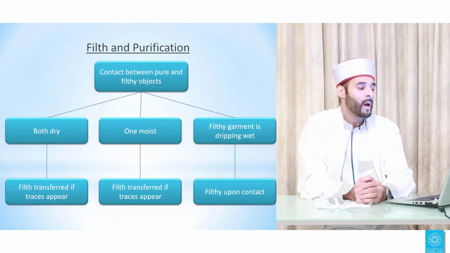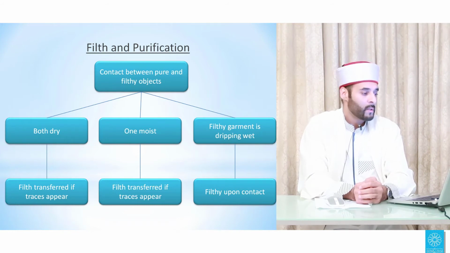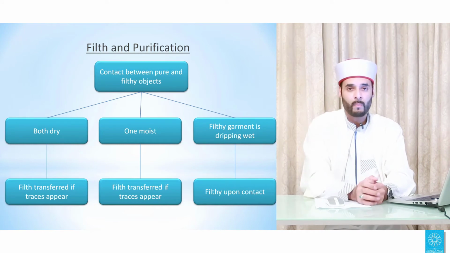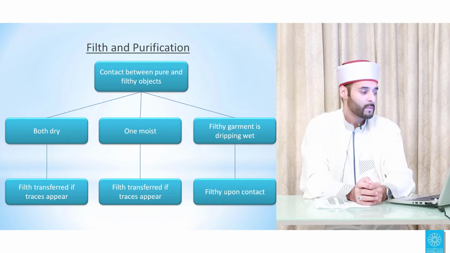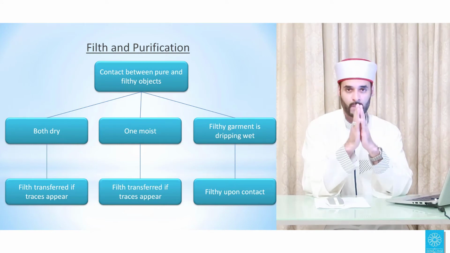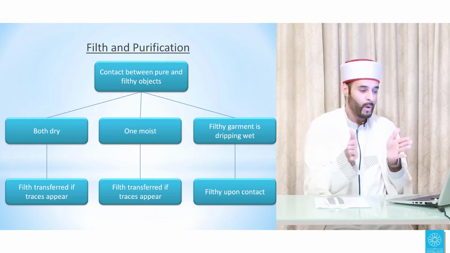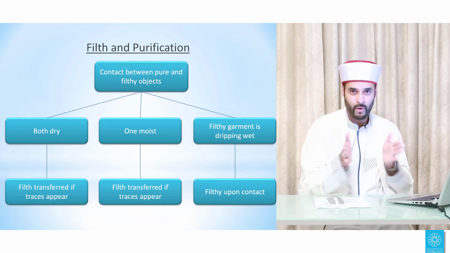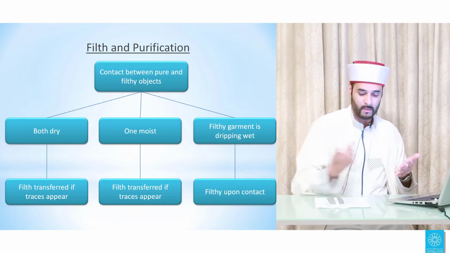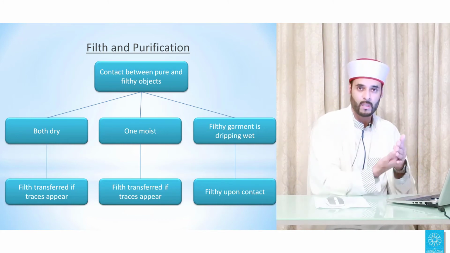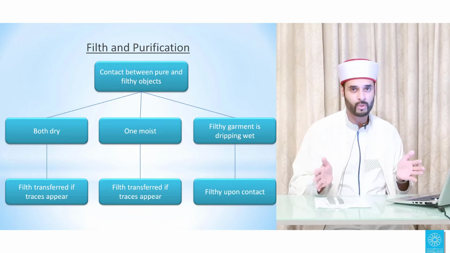Contact between pure and filthy objects. Now, I'm going to discuss the chart before, and then we'll look at Imam Sharambululi's reading on this. So you've got one dry garment and another dry garment. When they touch and there's no transfer of filth, then the clean garment is still clean, even though it touched a dirty garment, because they're both dry and there's been no transfer of filth.